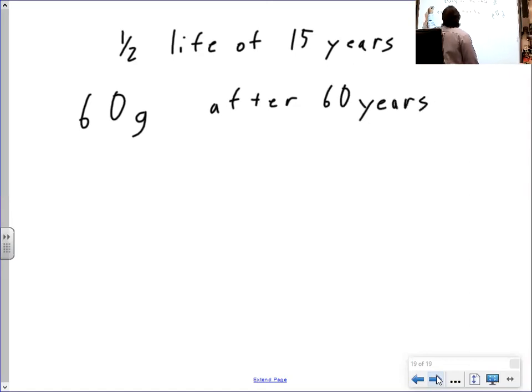After 60 years, how much would you have left? Let everybody get a chance to work on this on your own. So the half-life is 15 years. If I have 60 grams of something, after 60 years, how much do I have left?